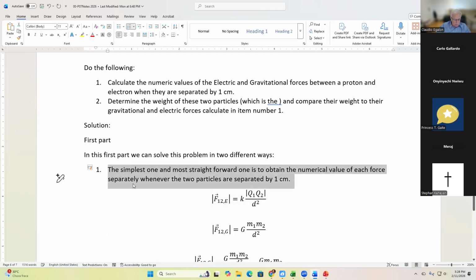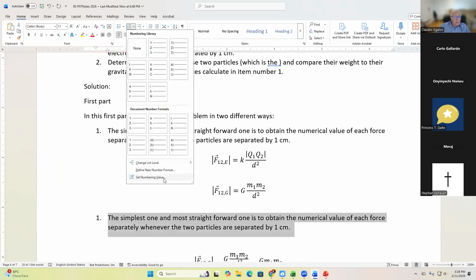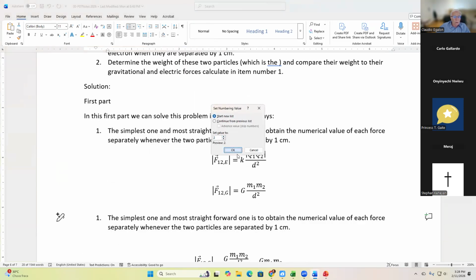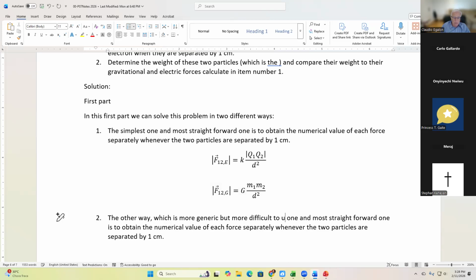The other way, which is more generic, but more difficult to understand, is by just taking the ratio of these two forces.